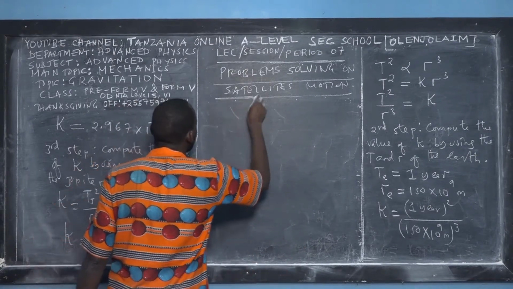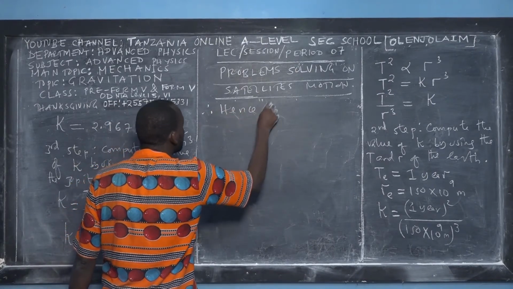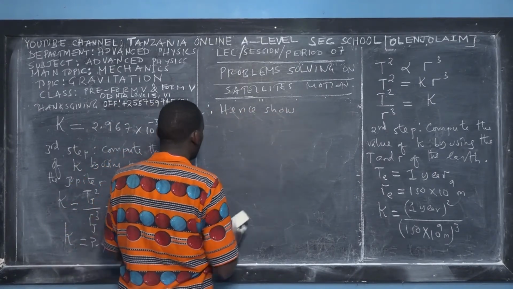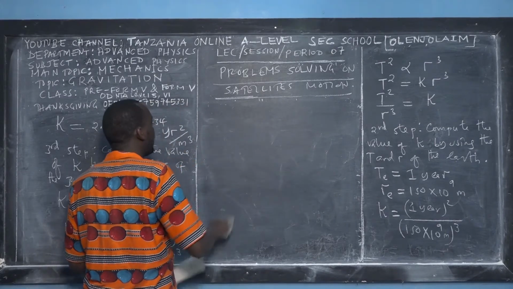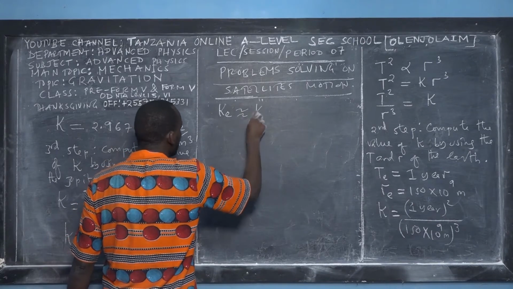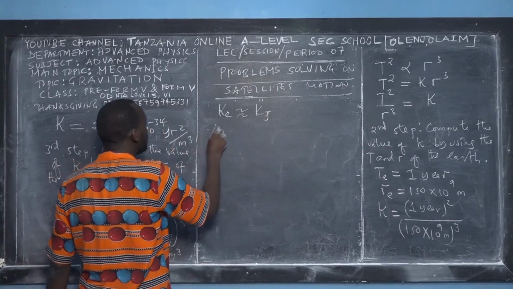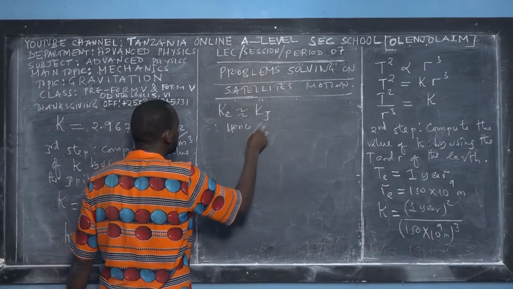Therefore, hence shown, K computed on the Earth's surface is closely equal to K computed on Jupiter.